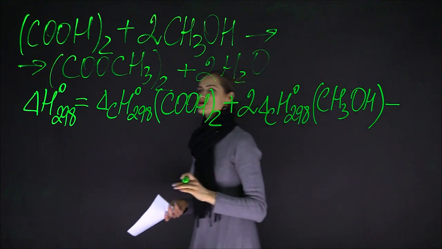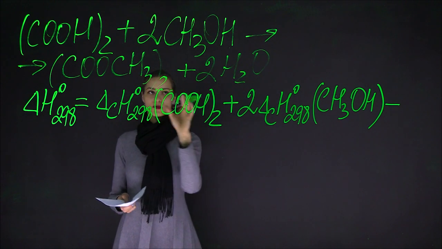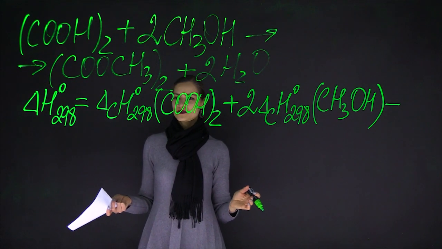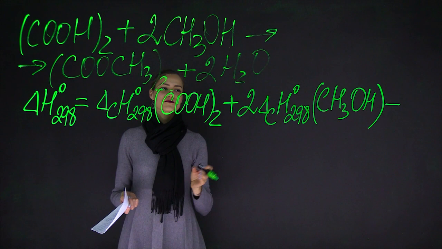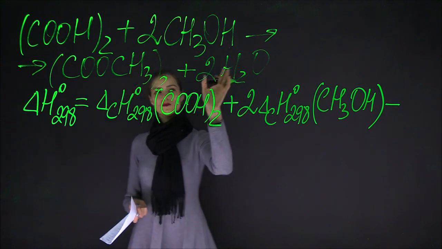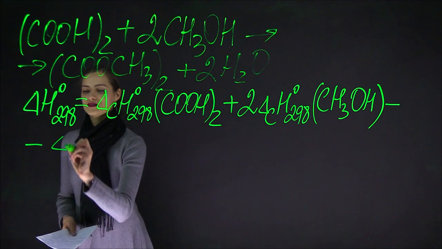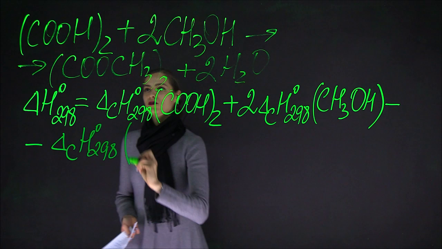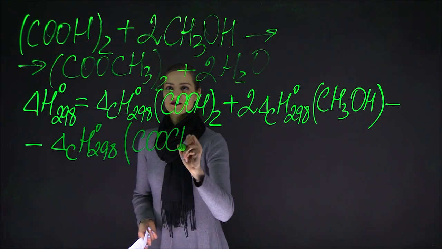And now we need to subtract standard heat of combustion for products. But you remember that liquid water doesn't participate in combustion reaction, so standard heat of combustion for liquid water equals 0. So we need to subtract standard heat of combustion for this organic substance, HCOOCH3.